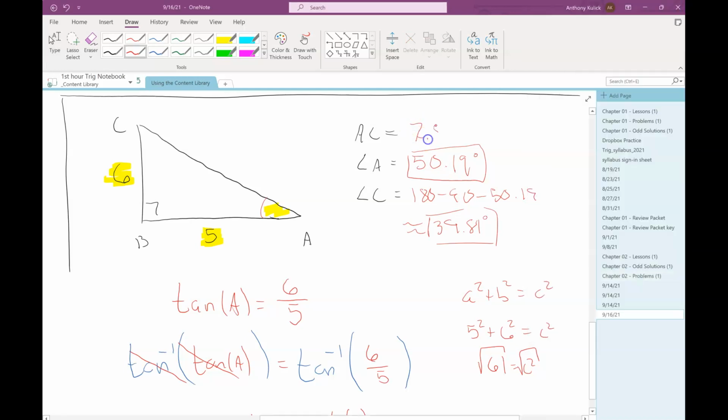Could you just restate how you got 5 squared and 6 squared? So the A and B in the Pythagorean theorem are the legs of the triangle.